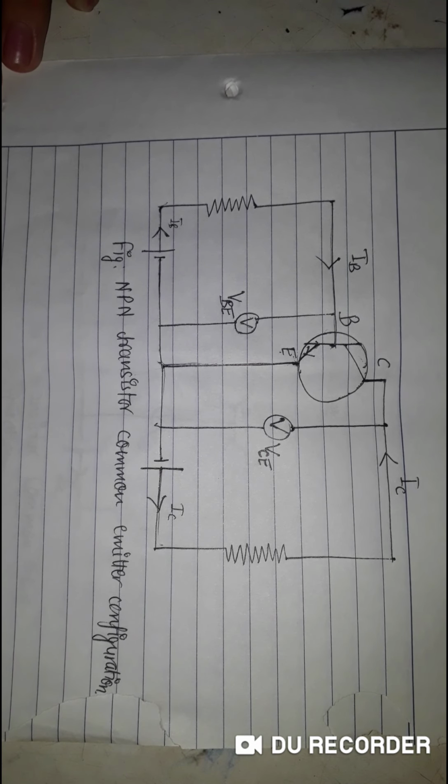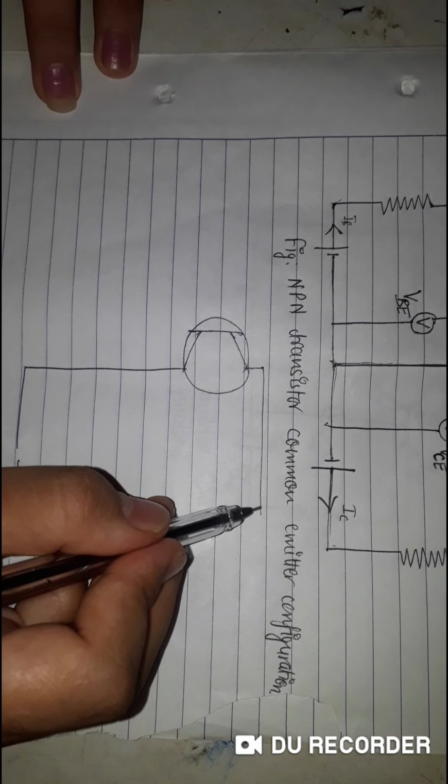Okay, so exactly the reverse process goes on with a PNP transistor, as we've done in the common base configuration. So I'll show you how. I'll draw a circle, a chord, a V shape. Then you'll go with this, right like this. Leave a gap over here, and then a resistor over here.